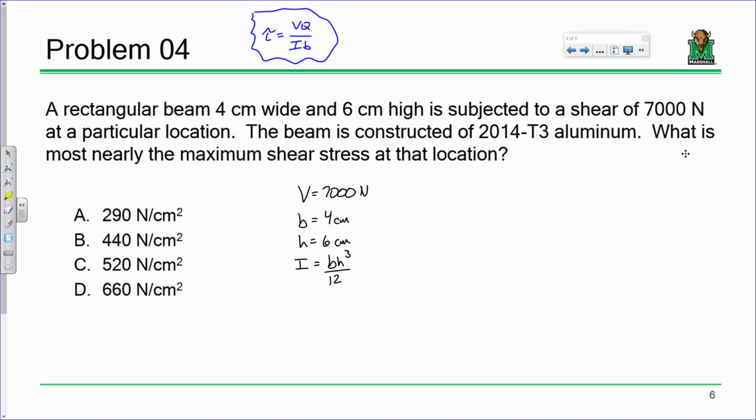Thank you, I wasn't even looking at that. That's what you get for the whole bh cubed over 12 thing, Dr. Mike. I'm going to call you out on your mess. I'm just messing. All right, 4 times 6 cubed over 12 is what? 72 centimeters to the 4th. Okay.